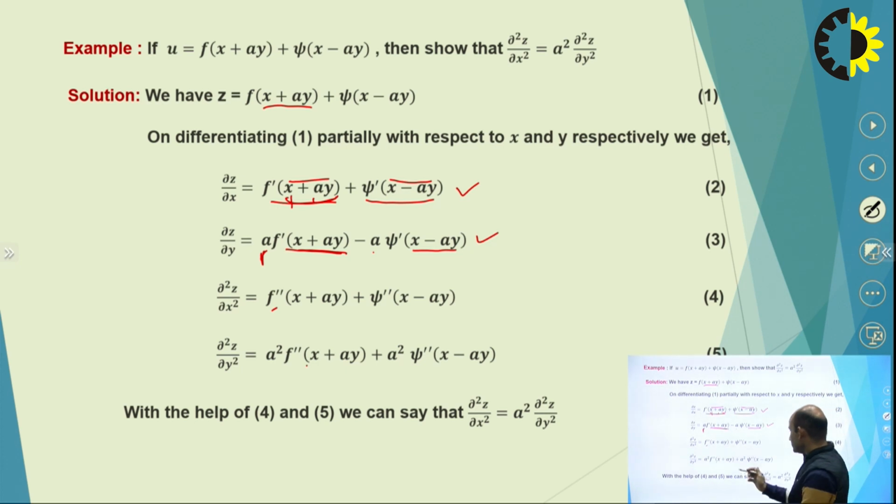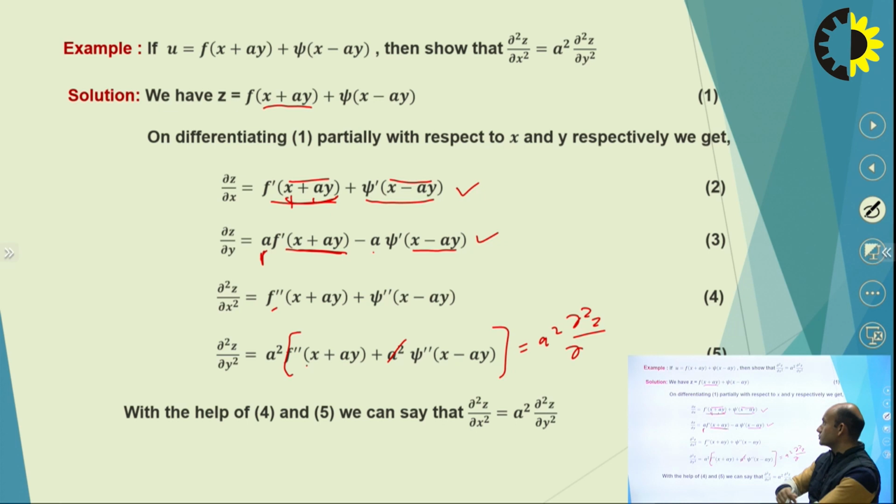Here a square is common, so we get a square times the expression for del 2z upon del x square. So del 2z upon del y square equals a square del 2z upon del x square. So this is the expression actually.